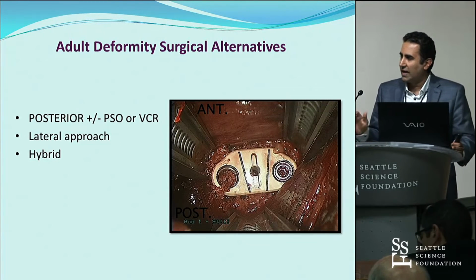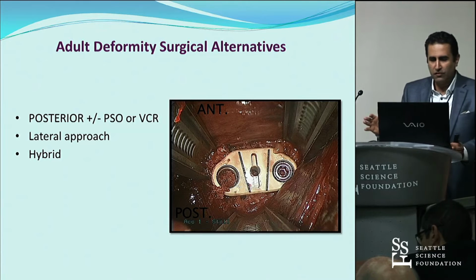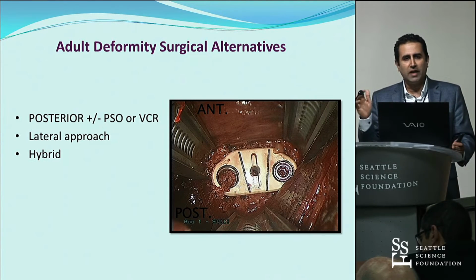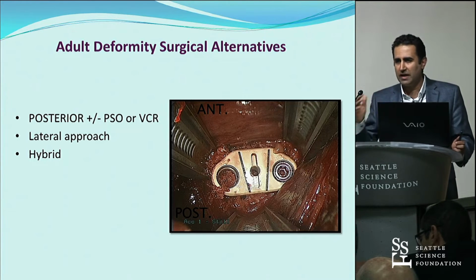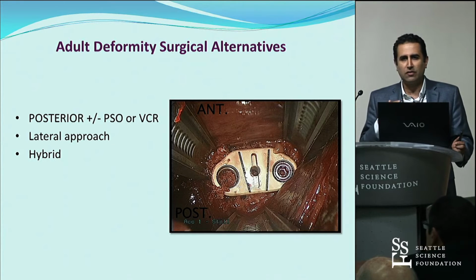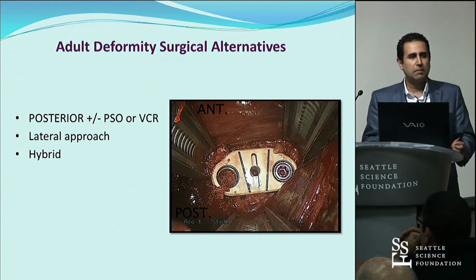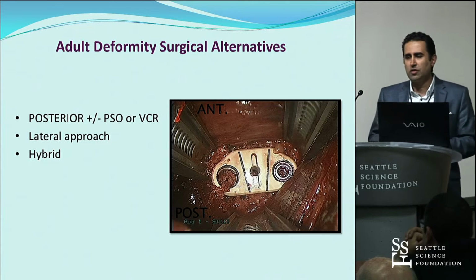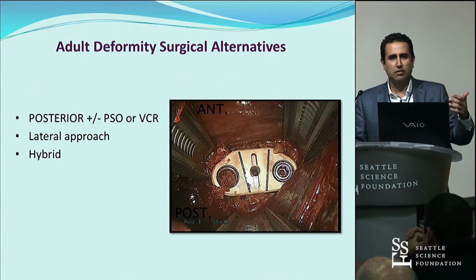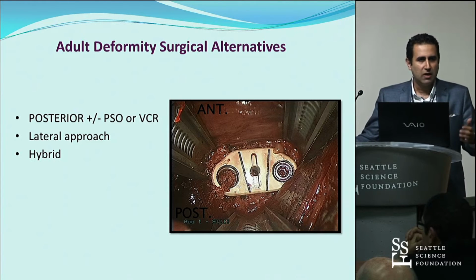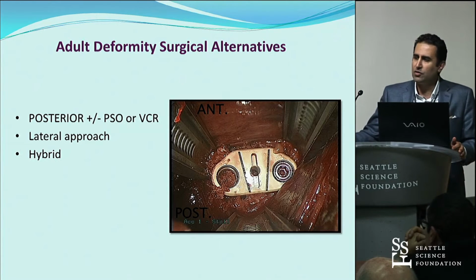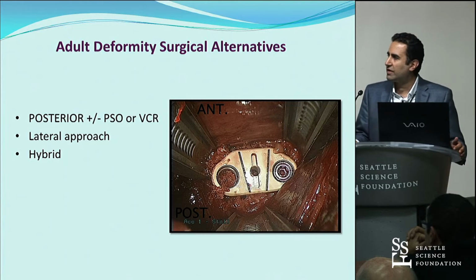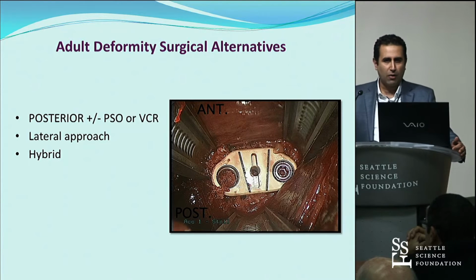So the options available, as you've gathered so far, is that one is the traditional open technique of correcting the deformity all through the back, a posterior approach. You can do big deformity correction through large osteotomies, such as a pedicle subtraction osteotomy or a VCR. Some component of it can be done through a lateral approach.